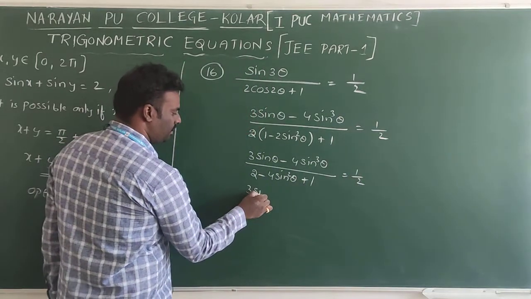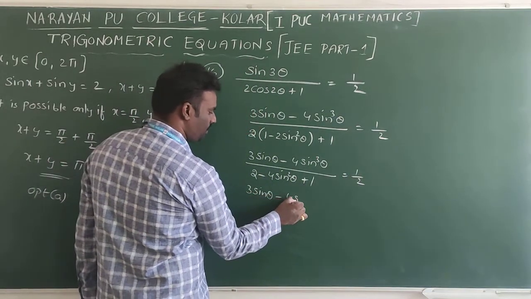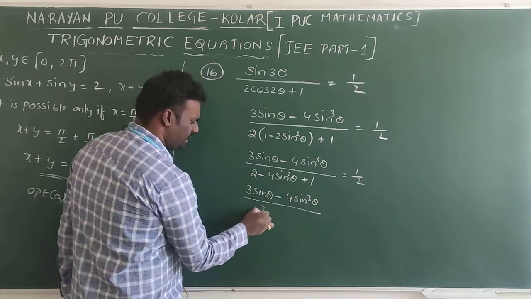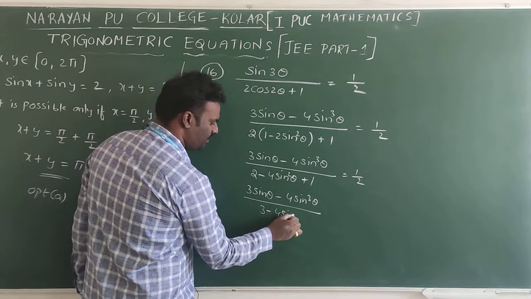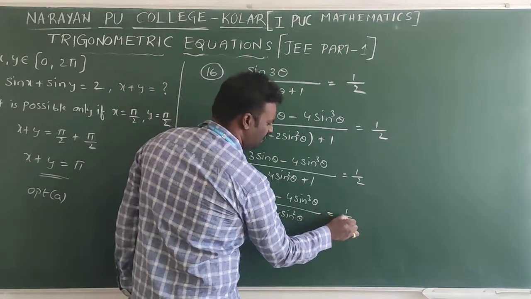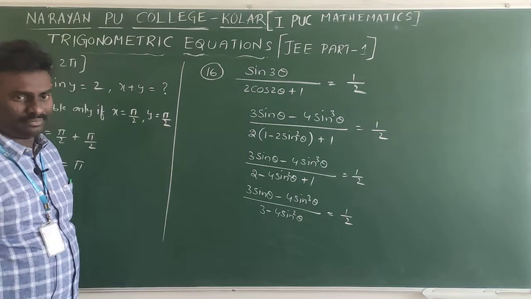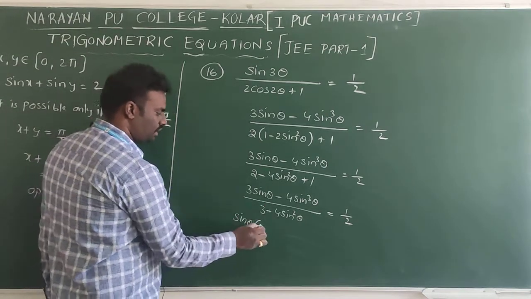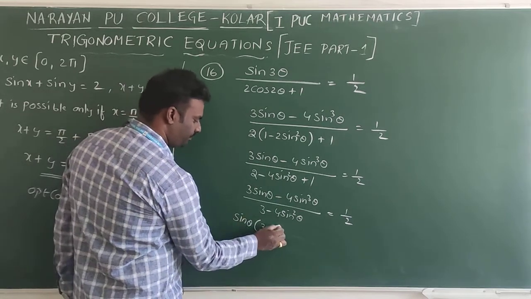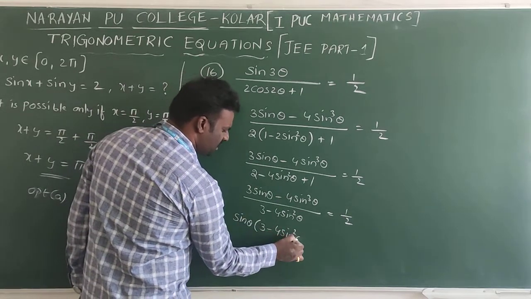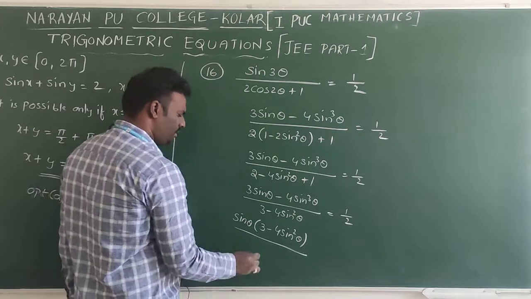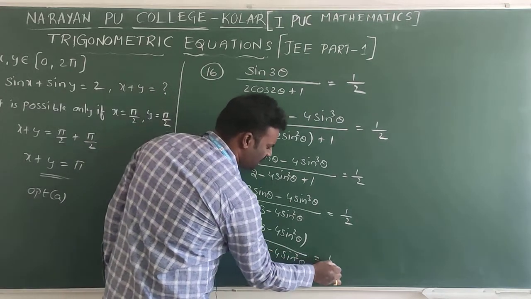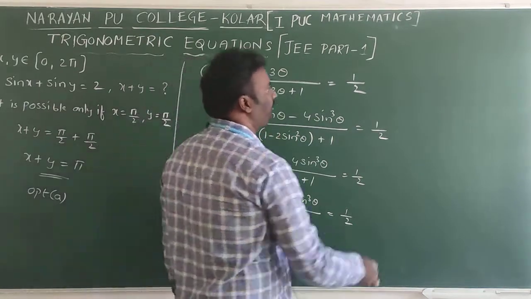Now 3 sin theta minus 4 sin cube theta by 3 minus 4 sin square theta is 1 by 2. I will take sin theta common: sin theta into 3 minus 4 sin square theta by 3 minus 4 sin square theta equals 1 by 2.